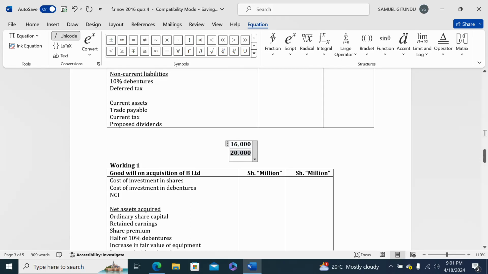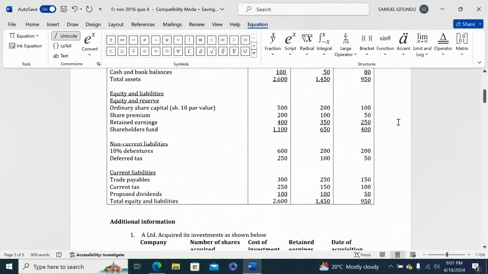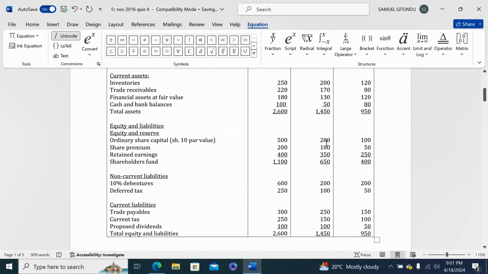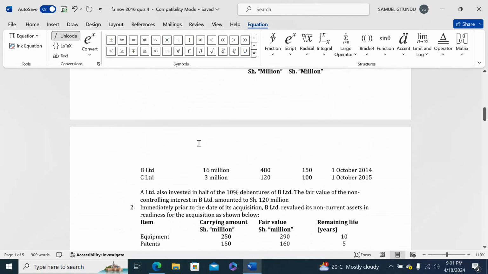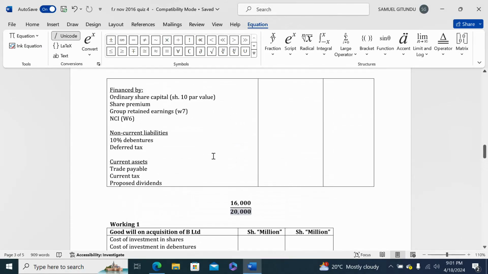So this 200 million in the statement of financial position, you divide by 10, the par value of the shares, and you get 20 million shares.